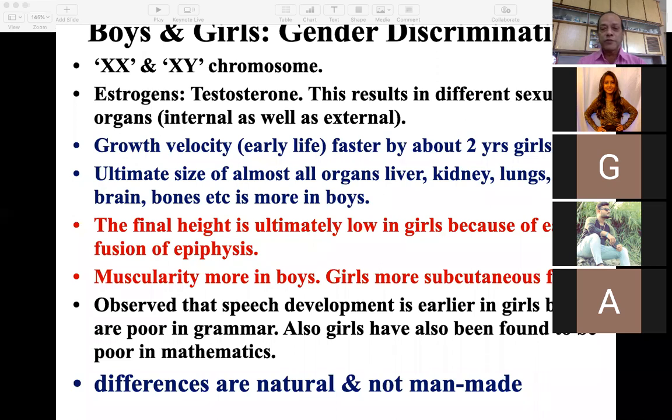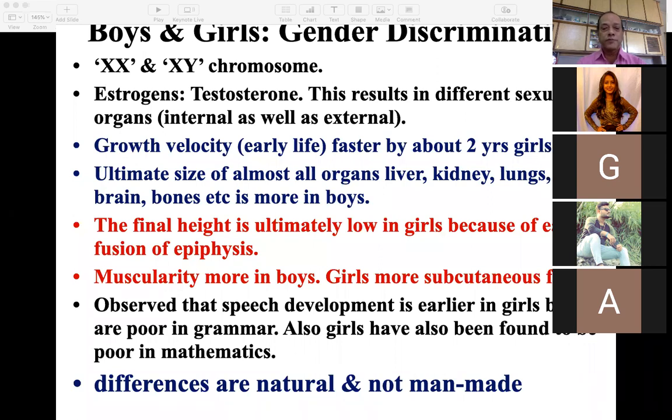Also, the girls have been found to be poor in mathematics. Now, this is all based on the assumption that the boys get more chances. In older days, the boys were sent to school, but girls were not sent to school or not sent for higher education. So, all these differences.